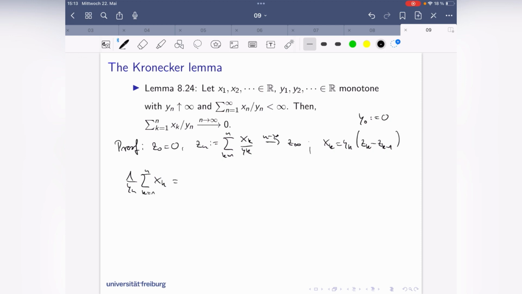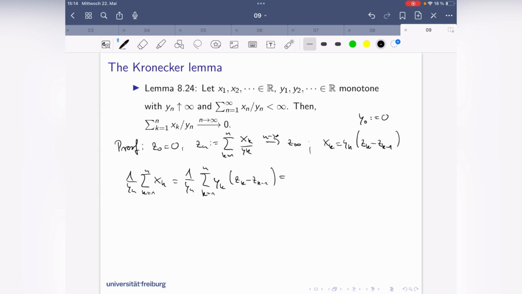And let me rephrase the xk like here: 1 over yn, sum over yk times zk minus zk minus 1, k from 1 to n. The only trick you can do with such a sum is shift the index, but not for both terms, because it's a difference in the sum, only for one of the two, and then see what happens.